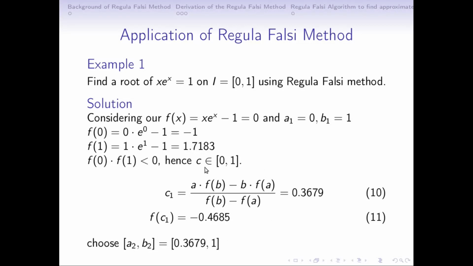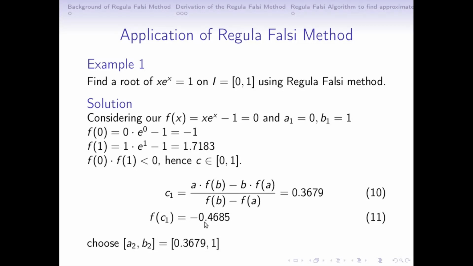We now call on the regular Falsi method to compute C. And then when we plug in our A and then B value into the method, it's going to give us our C1 here, which is 0.3679. We check the functional value here and it gives us negative.